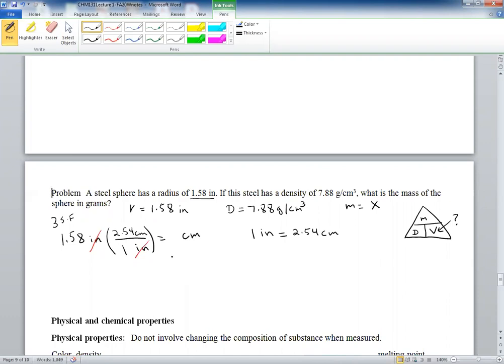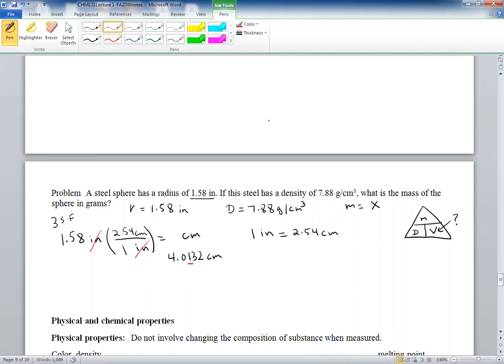So if you multiply these out, you're going to have 4.0132 centimeters. I keep the whole thing, but I remember that I need 3 significant figures, or I would put a line underneath here. So I have my centimeters.